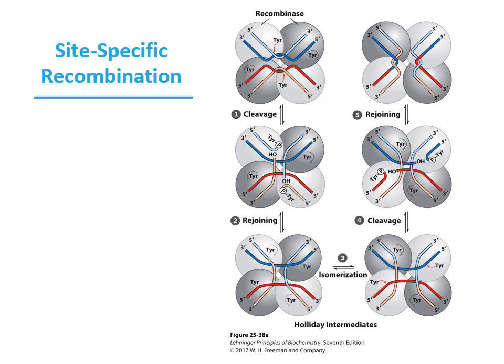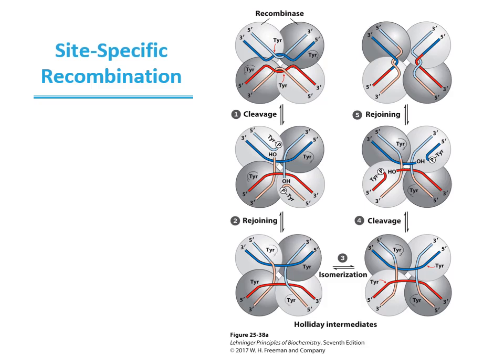In step 2, the recombinase ligates the free 3' OH of the opposite DNA strand with the DNA that is covalently attached to itself. In step 3, there is an isomerization in the Holliday intermediate.